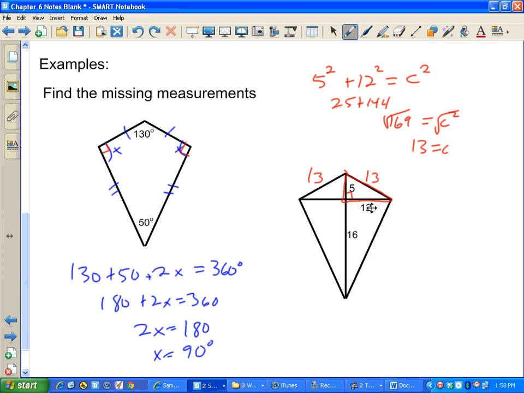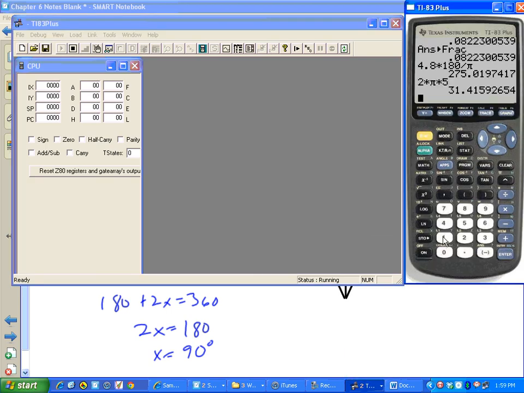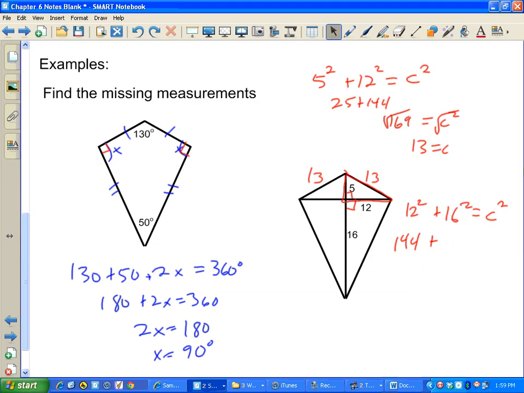I can do the Pythagorean theorem again down here to find this, because now this will be my hypotenuse, or C. So 12 squared plus 16 squared equals C squared. 144 plus, let's see, 16 squared is 256 equals C squared.